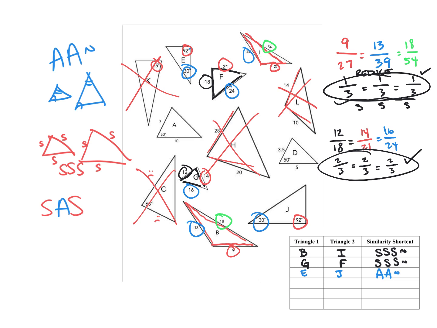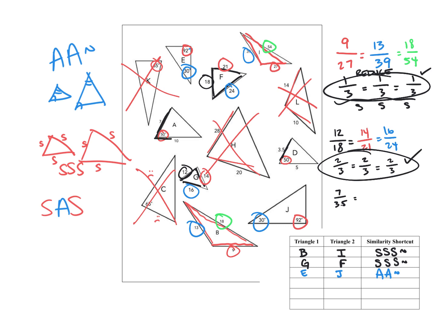And then, all right, I see A and D. That's all that's left. A has a 50-degree angle and D has a 50-degree angle. So there's the A part. But let's check the SS part. I've got a 7, and that would match up with that 3.5. How do you know? Because 7 is the smaller number, and 3.5 is the smaller number on its triangle. So 7 over 3.5.